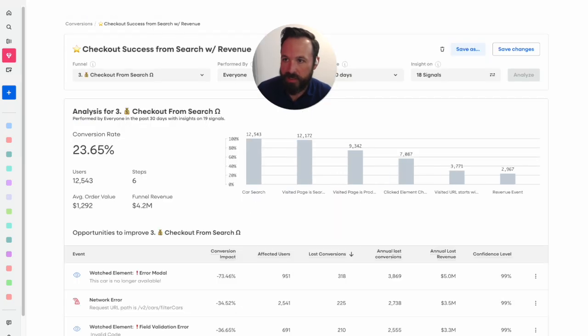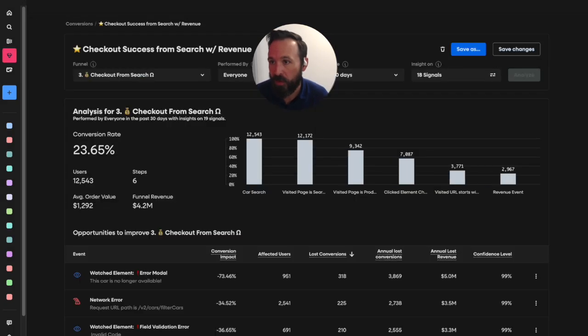So conversions analyses. Because conversions feels a little bit like a report, dark mode in conversions can sometimes be a little disorienting, but I'll see what you guys think. So here's my conversions analysis. Exactly the same thing through dark mode.